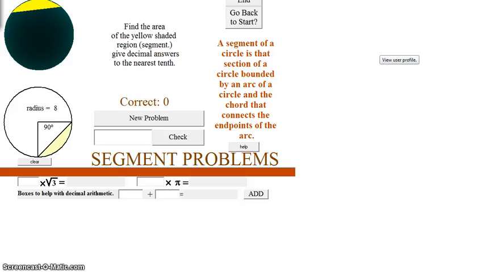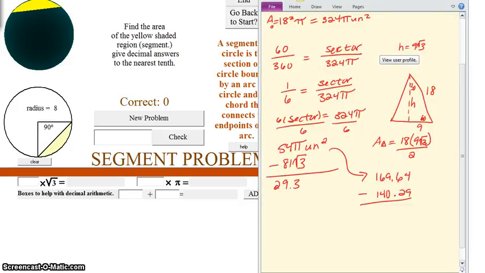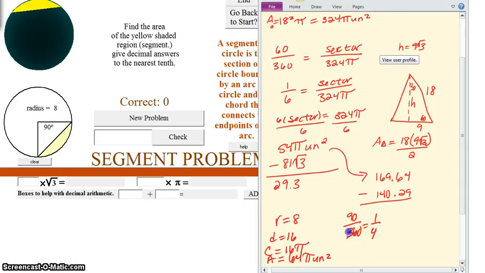I'm going to try a different one, and we'll just see what happens. So I have R equals 8, D equals 16, C equals 16 pi, A equals 64 pi units squared. I have a quarter of the circle. So 90 over 360 equals 1 over 4.